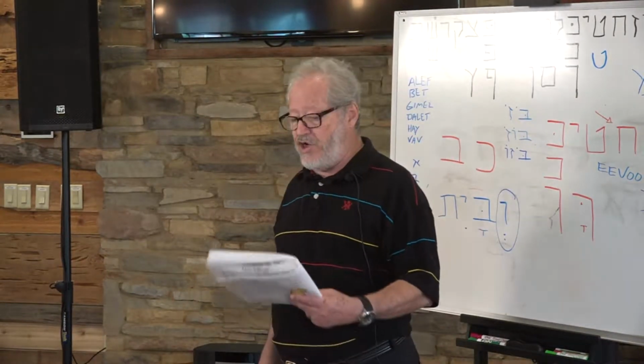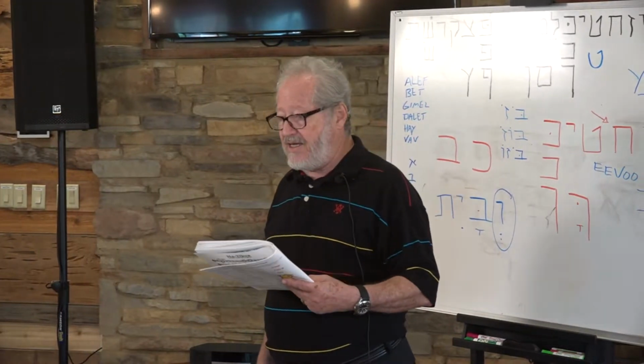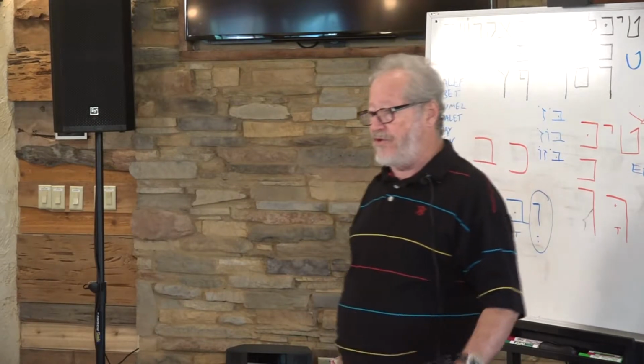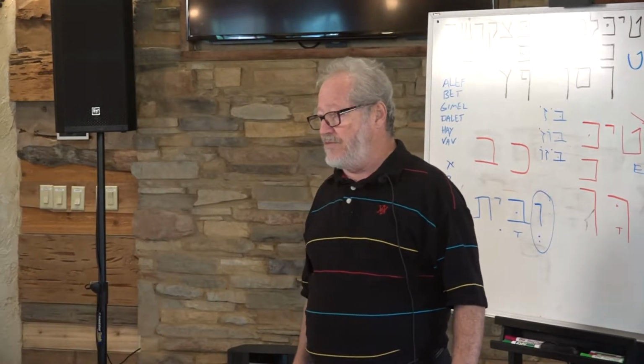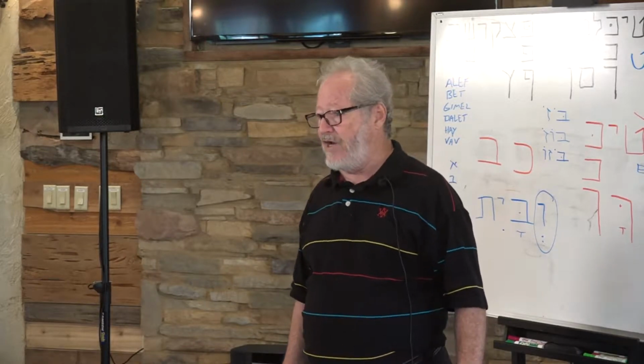And what's the next letter? It is a sofit letter. It's a nun sofit. So the word here is? Chen is correct. Chen. Okay? Chen is favor. The Lord's favor on you is Chen HaElohim.